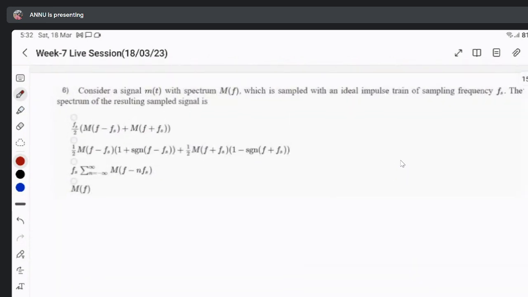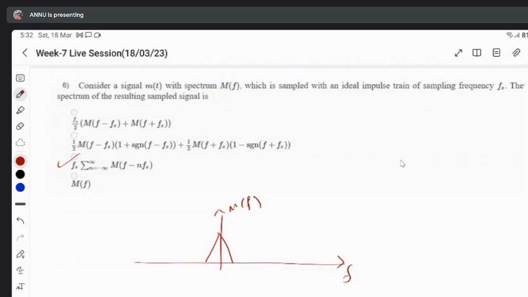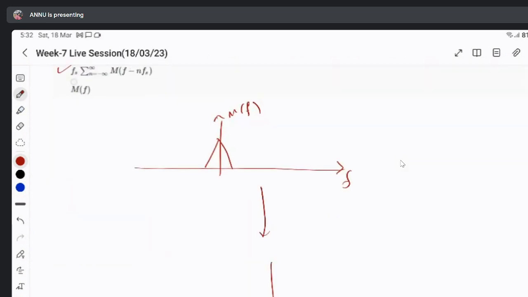Now let us solve this question. Consider a signal m(t) with spectrum M(f), which is sampled with an ideal impulse train of sampling frequency Fs. The spectrum of the sampled signal is... I wrote this equation. You will have M(f) as Fs times the summation from minus infinity to infinity of M(f minus nFs).